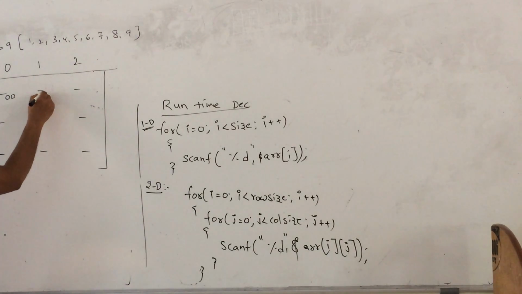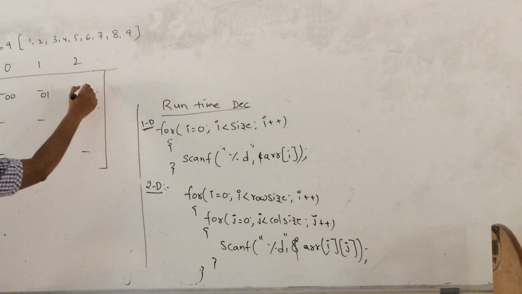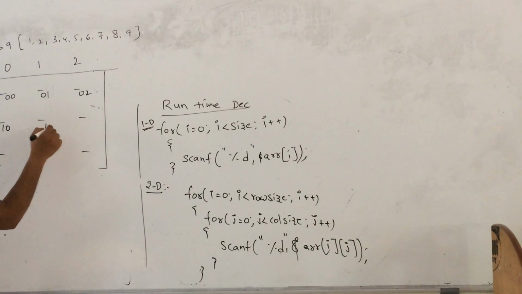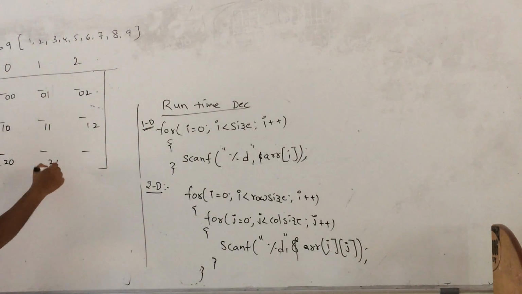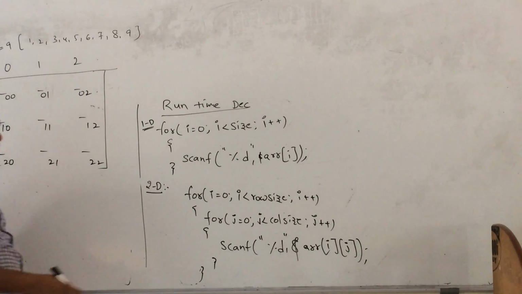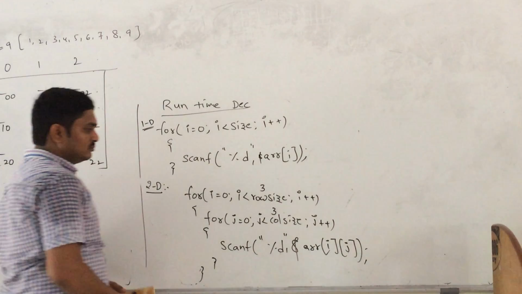This is the 0th row and first column, the 0, 1 element. This is the 0th row and second column, the 0, 2 element. In the same way, first row 0th column, first row first column, first row second column. Then the second row 0th column, second row first column, second row second column. These are the positions. Here the row size is 3 and the column size is 3.